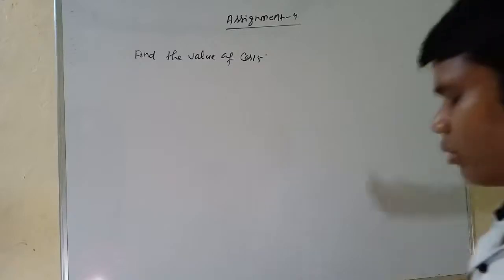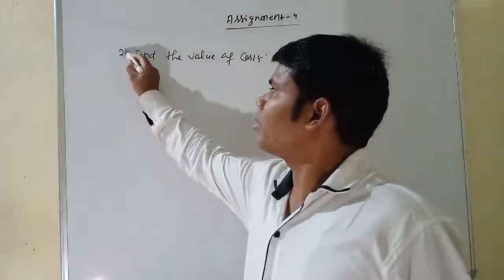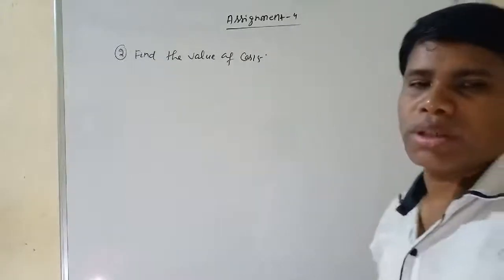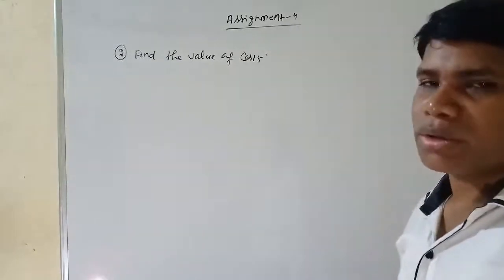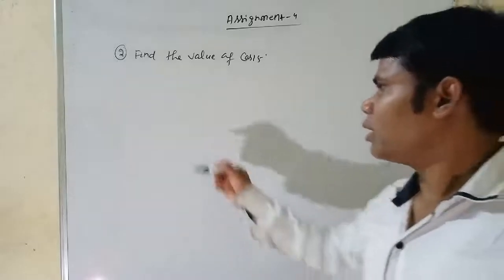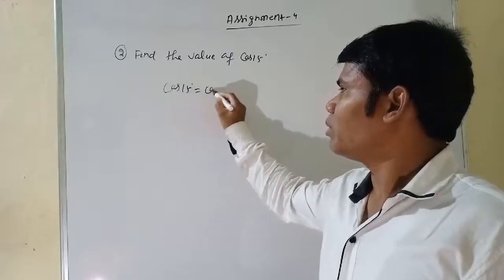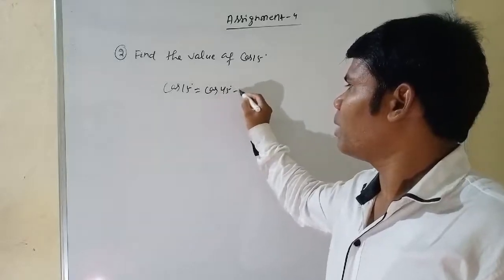You see the next problem. Find the value of cos 15 degree. We cannot get cos 15 degree directly. Now you write cos 15 degree is equal to cos of 45 degree minus 30 degree.